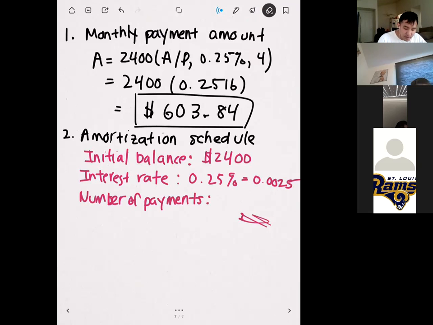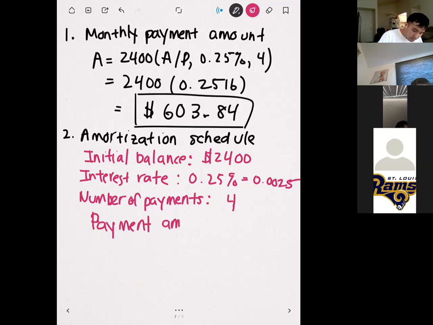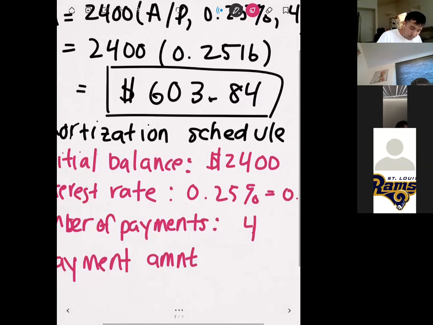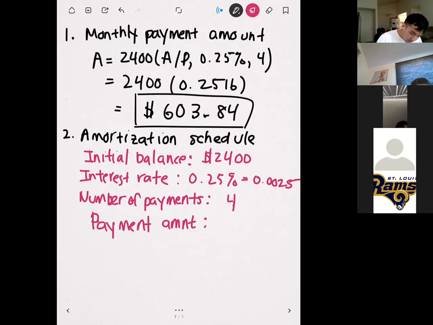Next, we have the number of payments, which is 4. And then we have our payment amount, which is $603.84.